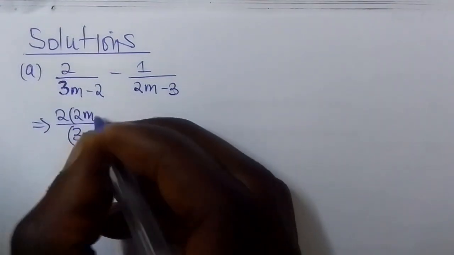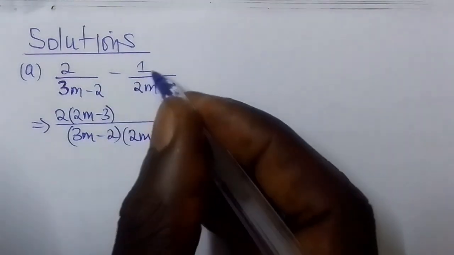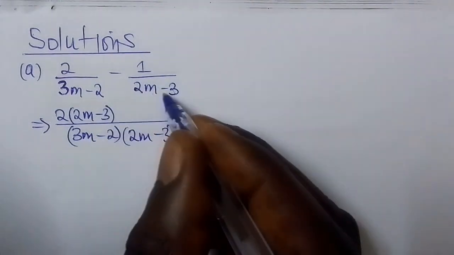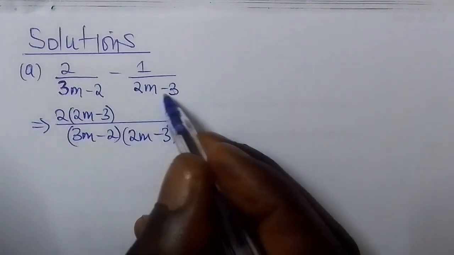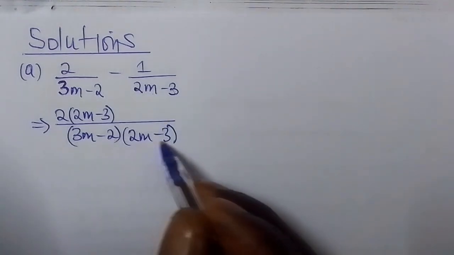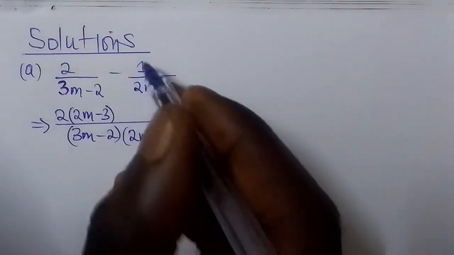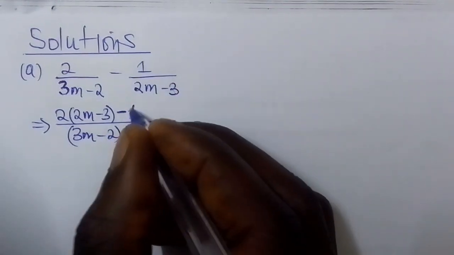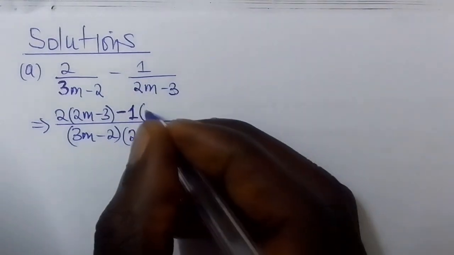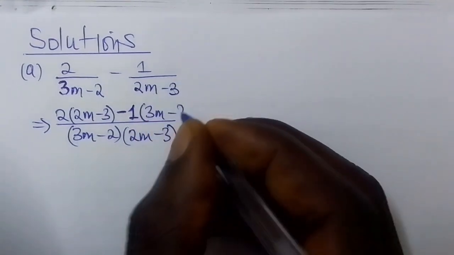So 2 times 2m minus 3. Then 2m minus 3 into 3m minus 2, 2m minus 3. 2m minus 3 simplifies with 2m minus 3, giving us 3m minus 2, which will multiply with negative 1, open bracket, 3m minus 2.